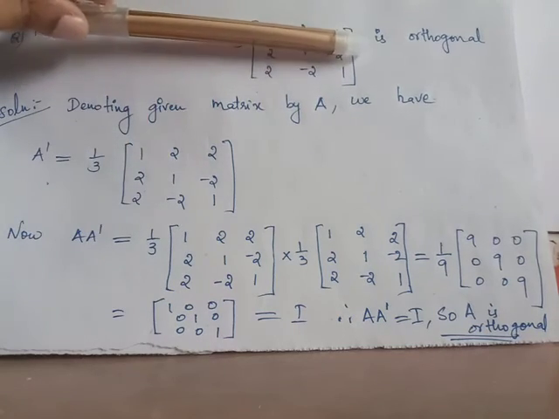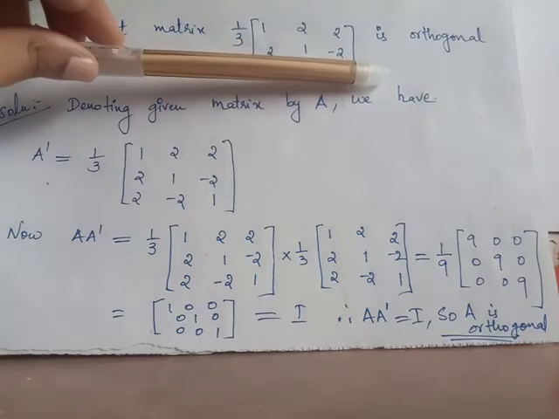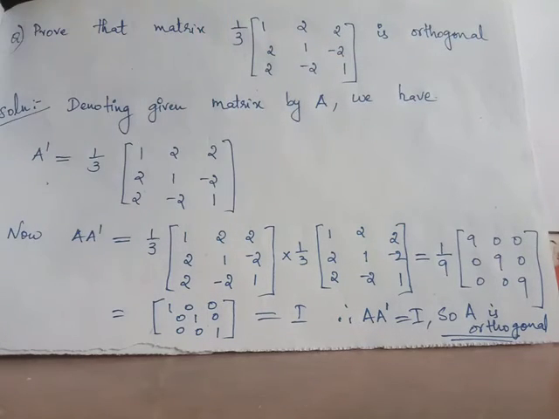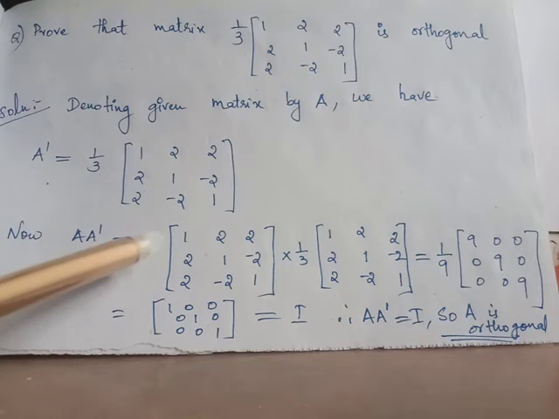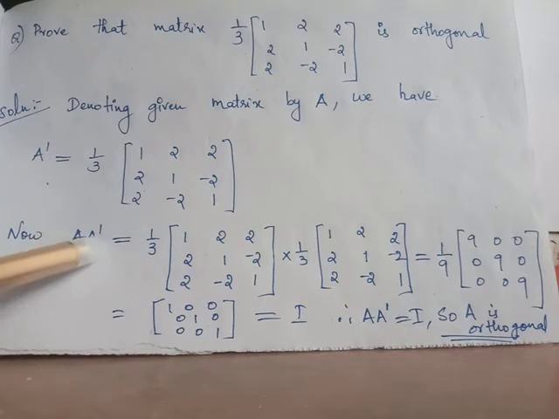The second row of matrix A becomes the second column of A transpose. The third row of A becomes the third column of A transpose. When you evaluate A into A transpose by usual matrix multiplication, you get an identity matrix and hence you conclude that A into A transpose equals I. Also, you could do A transpose into A equals I. Hence, you can conclude that the given matrix is orthogonal.